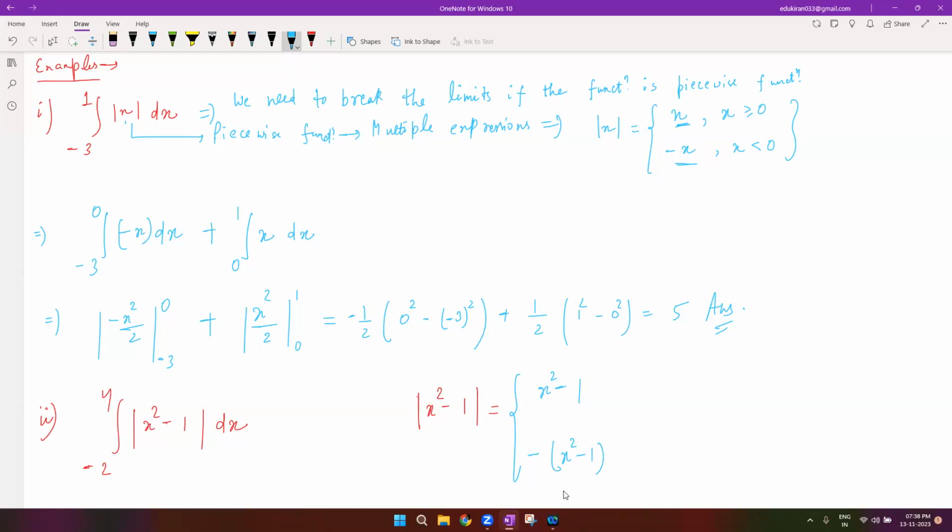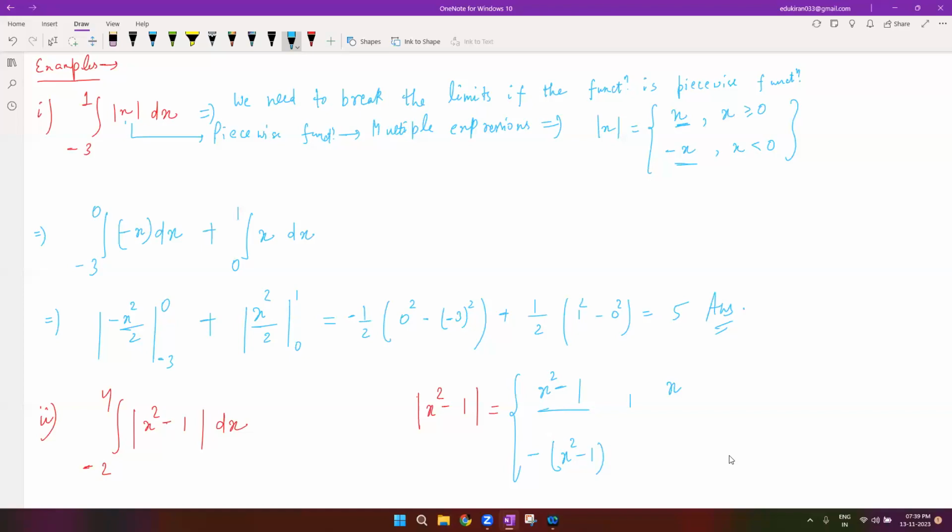Either the modulus is directly removed like this, I have just removed the bars, or the modulus can be opened with a negative sign. This will be the answer if x square minus 1 is positive, and this will be the answer if x square minus 1 is negative.